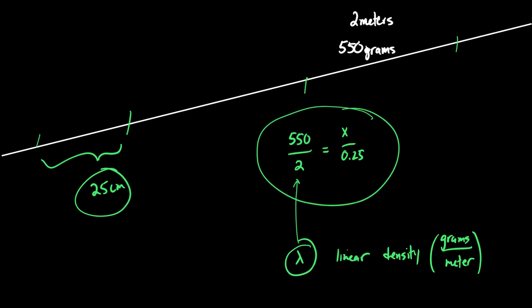When I use a linear density, if I want the mass of a piece, mass is going to equal lambda times the length of the piece. This is how you use a density. Everybody following along so far? Any questions about this?